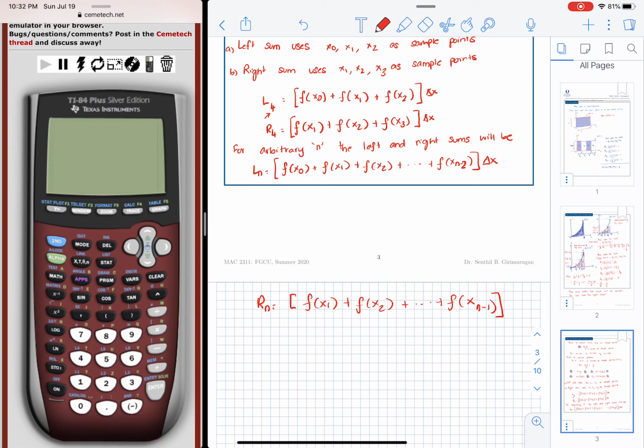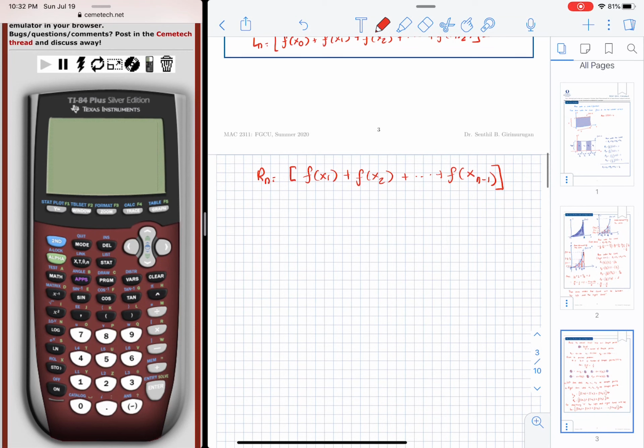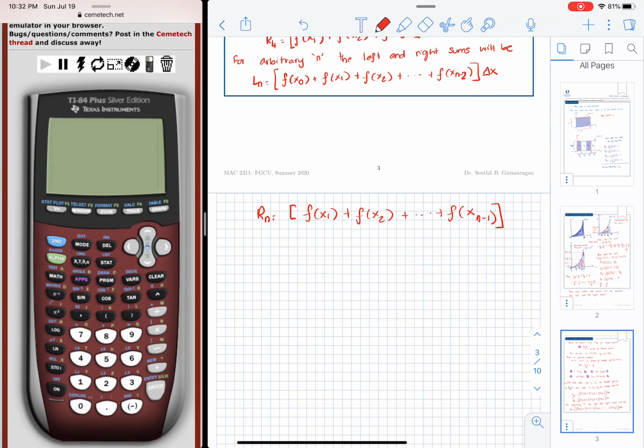Now, we could use the summation notation to write this in a different way. Or we could change the indices, and instead of writing that as n minus 2, we can move the indices and call that n, and that n minus 1.